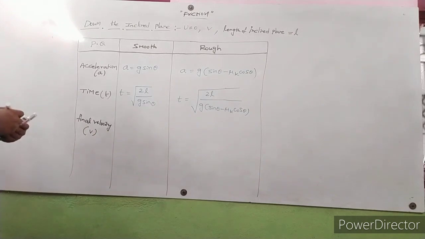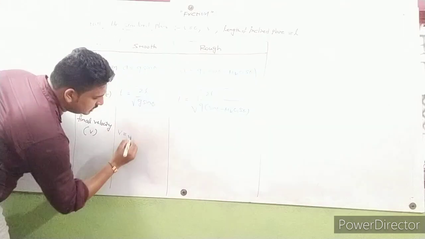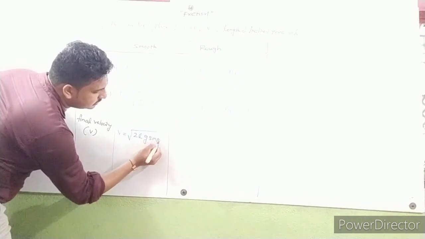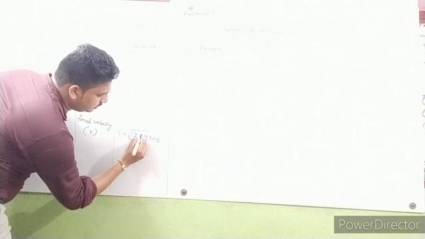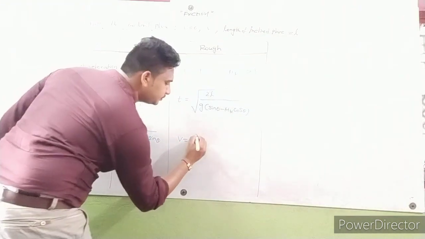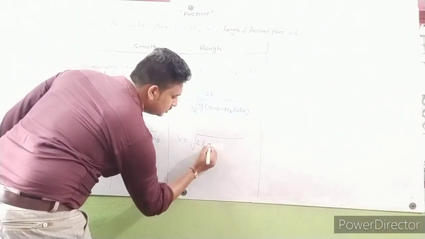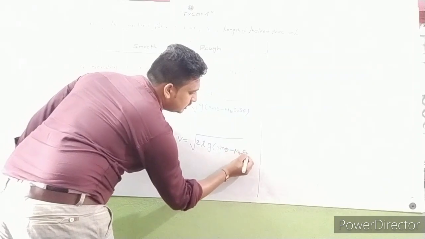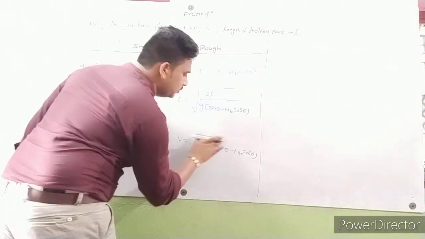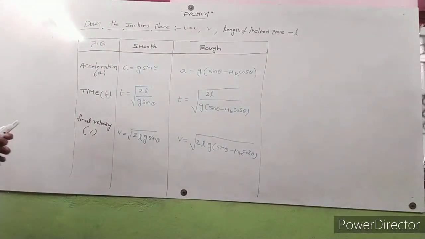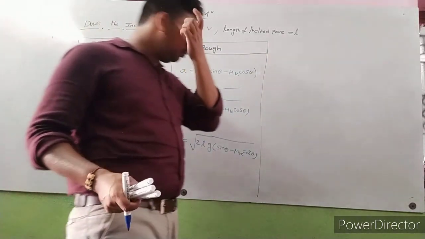Final velocity V for the smooth plane is square root of 2gh, that is, square root of 2L into g sin theta. For the rough plane, V is equal to square root of 2L into g into (sin theta minus mu k cos theta).